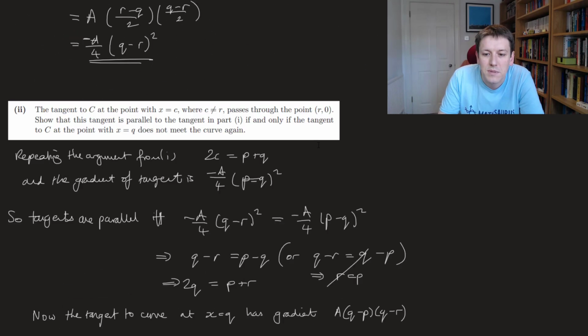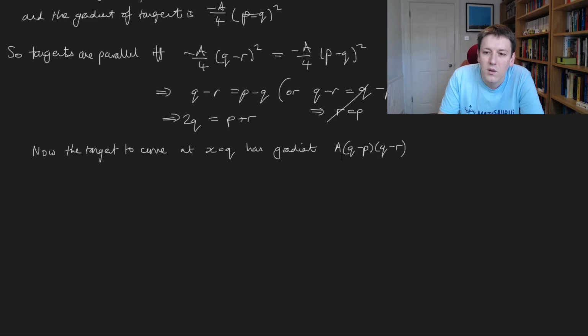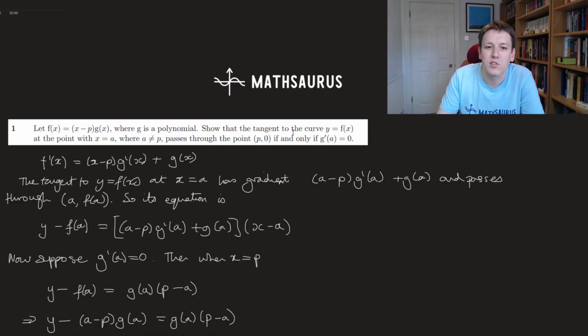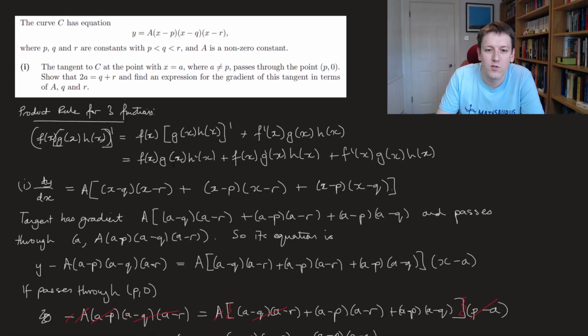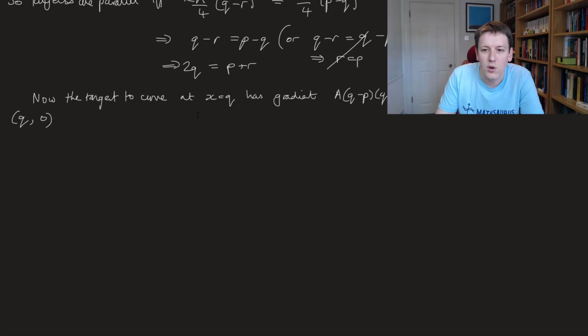So a times x minus p times x minus r with x equals q, right? So it's that, and it passes through, what point does it pass through? Well, it passes through a point with x coordinate q, and the y coordinate is 0. Just again from the initial form of the function here, if I put in x equals q, it's 0.